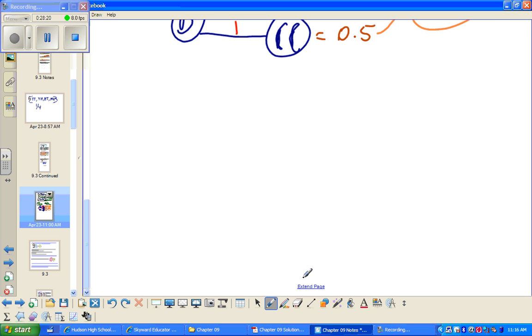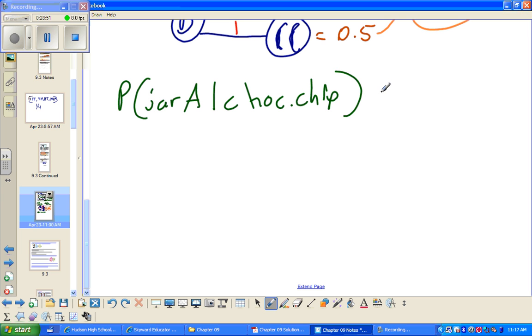If I told you, given that it is a chocolate chip cookie, what is the probability that it came from jar A? So the probability of it being from jar A, given that it's a chocolate chip cookie. That's what we're trying to figure out.